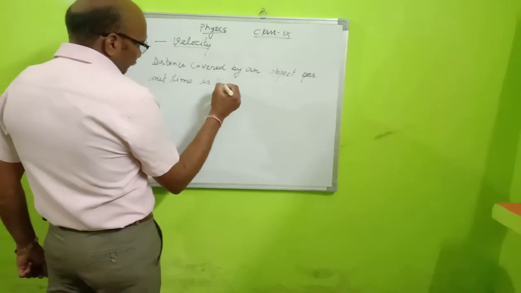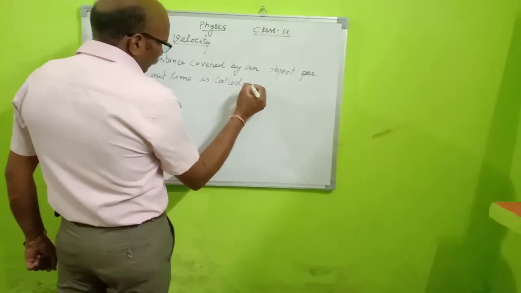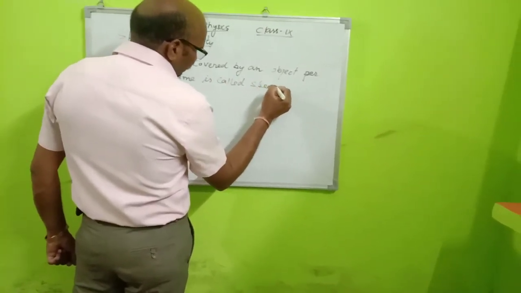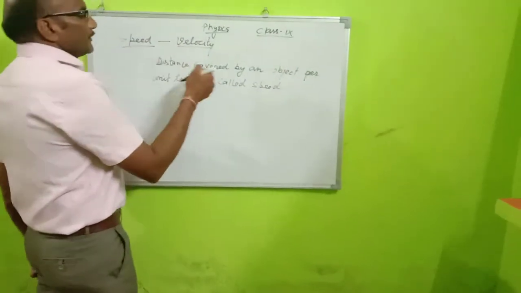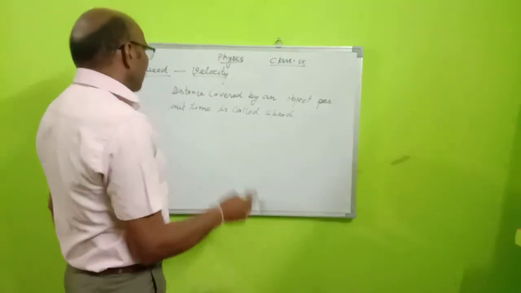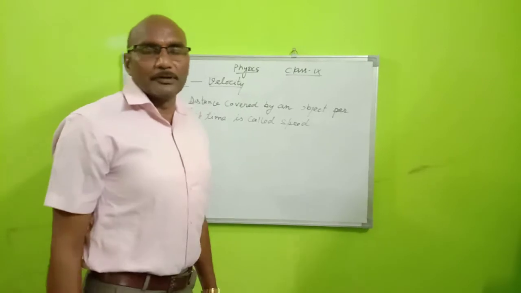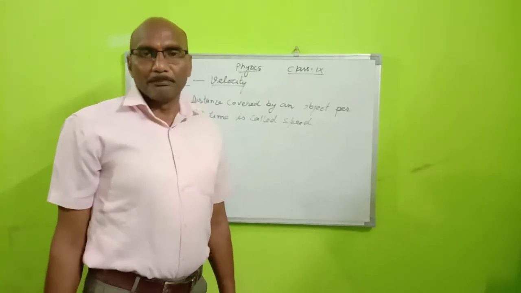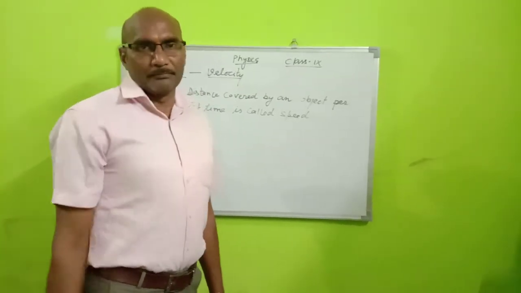Distance covered by an object per unit time is called speed. Per unit time means in one unit of time.